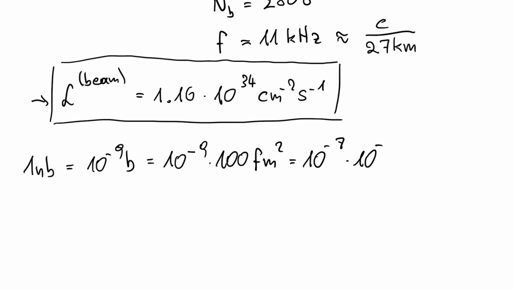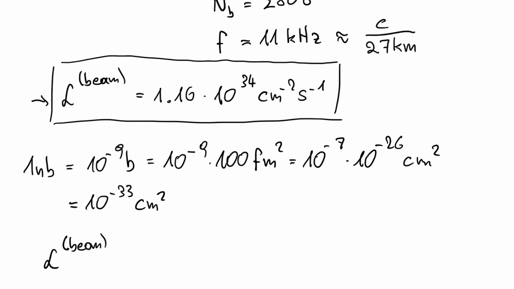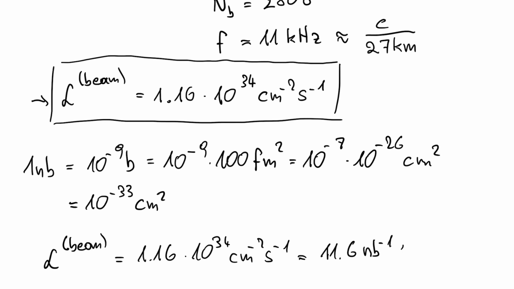One barn is 100 square Fermi. If we pull together the powers of 10, we find that 1 nanobarn is a cross-section of 10 to the minus 33 centimeters squared, and hence the beam luminosity is very roughly 1.16 times 10 to the 34 inverse centimeter squared per second, which is 11.6 inverse nanobarn per second.